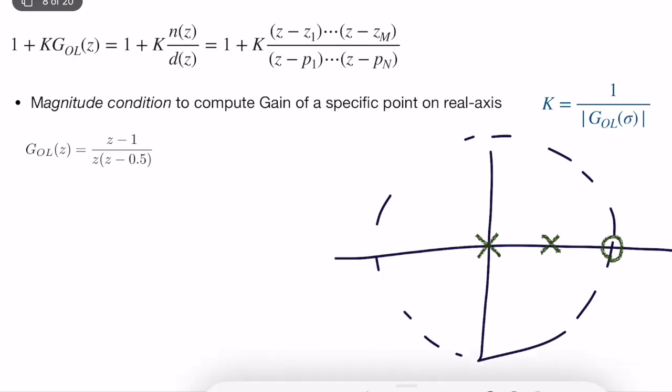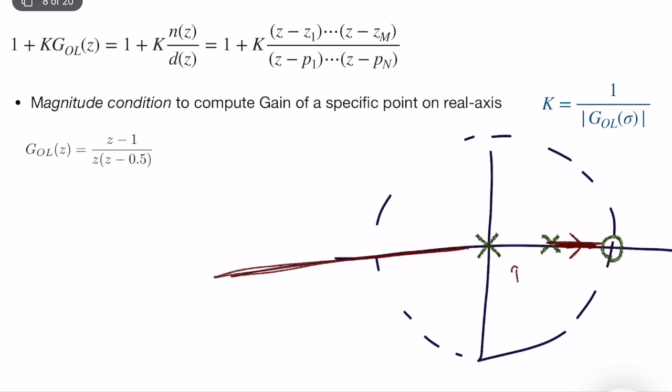Let's draw the real axis. This part is included in the root locus, of course, because I have an odd number of zeros and poles on my right side, and this pole will go to 0 in this direction. This part is not included, and all of the negative real axis is included in the root locus.